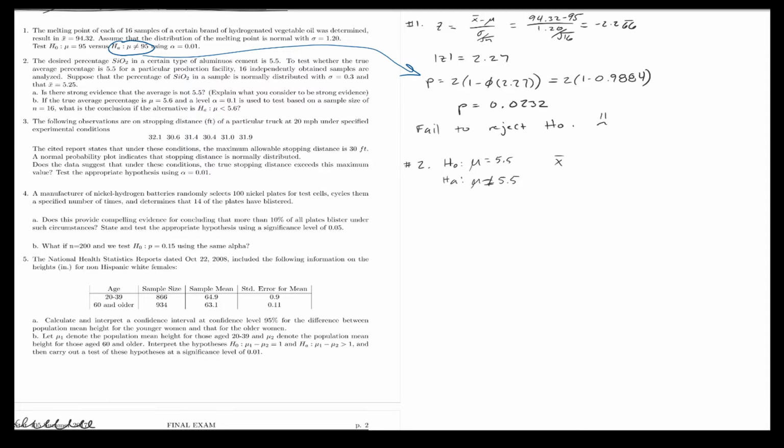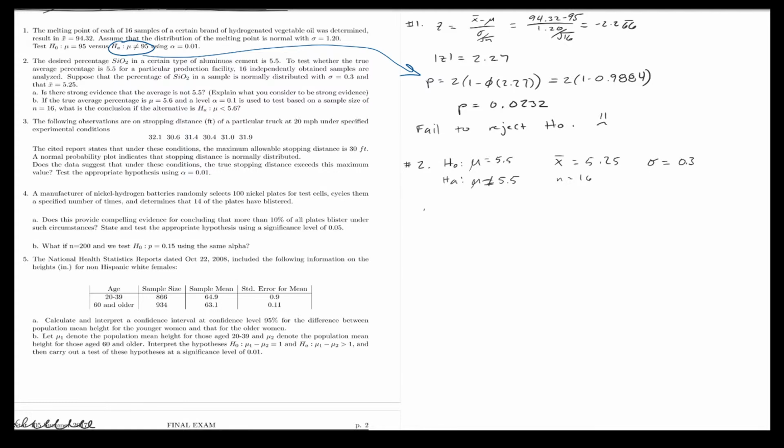And X bar is 5.25, sigma is known, 0.3, and n equals 16.